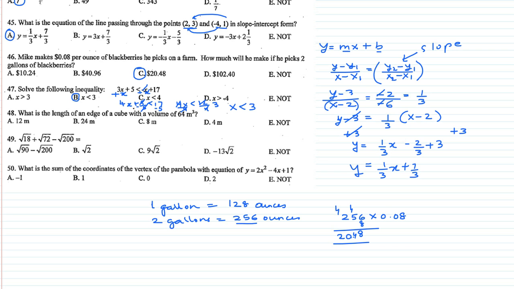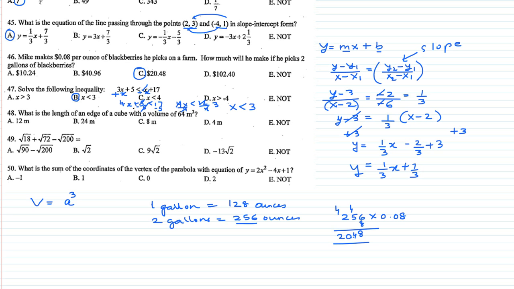Question 48. What is the length of an edge of a cube with a volume of 64 meter cube? So we know that the volume of a cube is equal to the cube of the side of the cube, right?